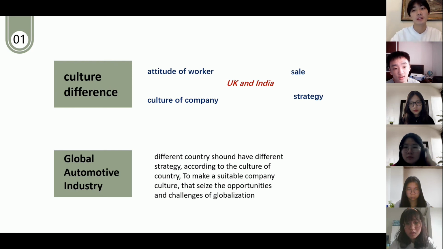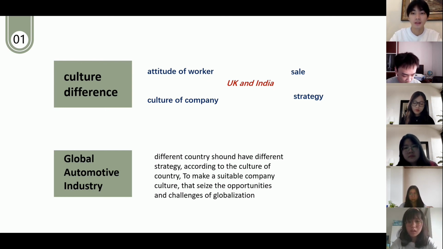When multinational companies develop enterprises in different countries, the staff's work attitude and the different country backgrounds and corporate cultures have a huge impact on the production and sales of enterprises. For example, there is the collectivism of Indian employees and the individualism of Britons.